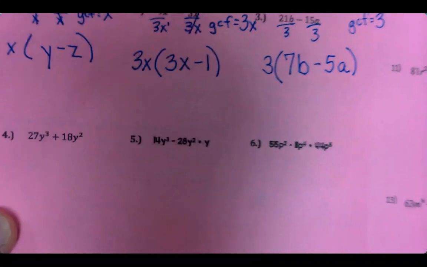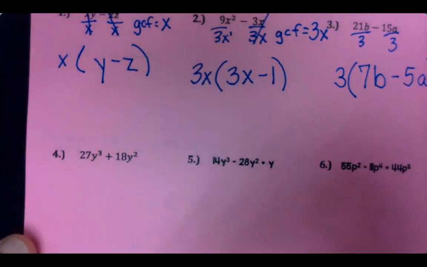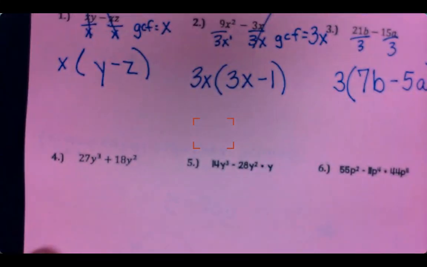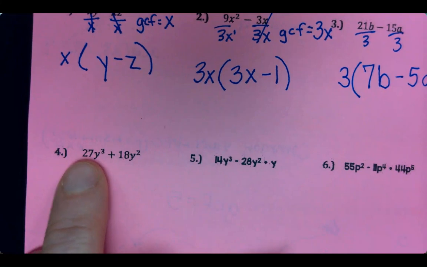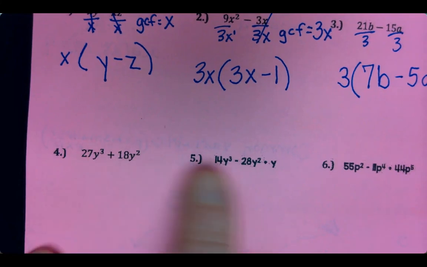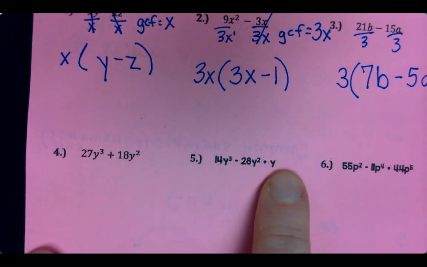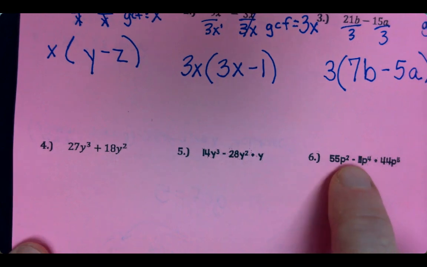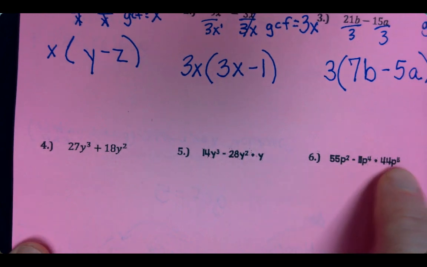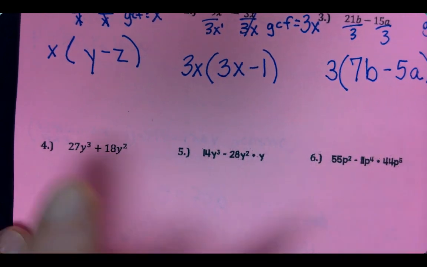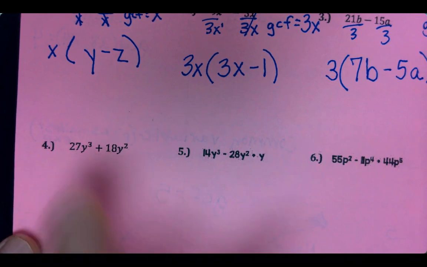You always want to go from your greatest variable to your smallest variable. These are written in that form, cubed and then squared. This one's written in squared, fourth, and fifth, so this one we're going to have to reorganize. Well, let's go ahead and look at this. 27 and 18.